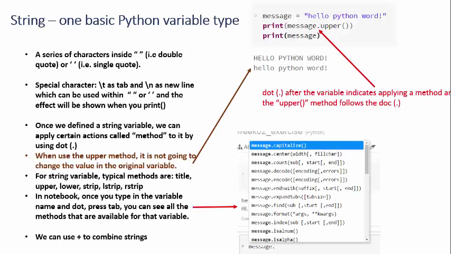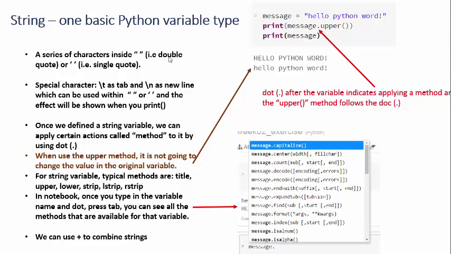As we mentioned, there are two very basic types of variables. String is one very basic Python variable type, and it's a series of characters inside the quotation marks, the double quotation marks or the single quotation marks. Anything within double or single quotation marks is considered a string.